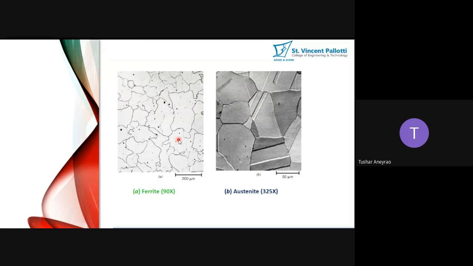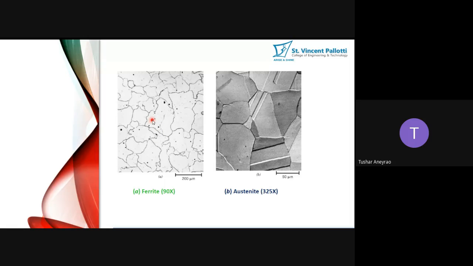You can see these are the grains of alpha, all grains are alpha only, 100% alpha. And on these sides you can see black spots, which are nothing but carbon that is precipitated.